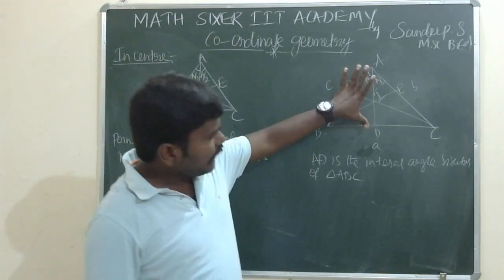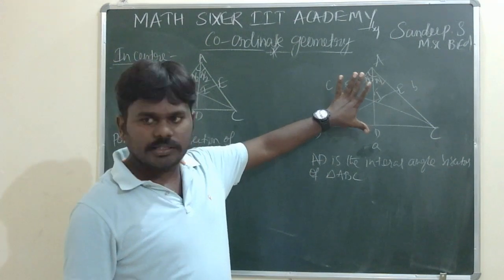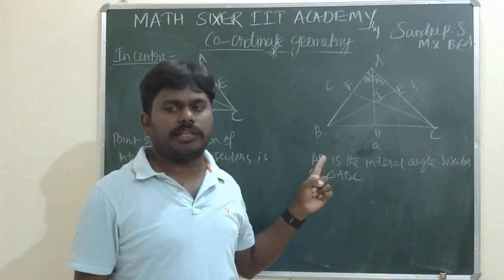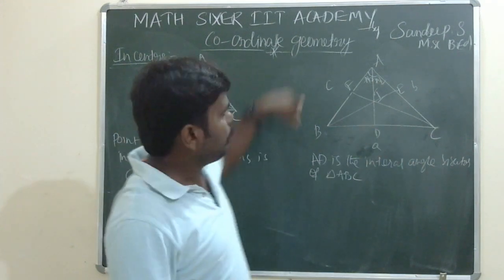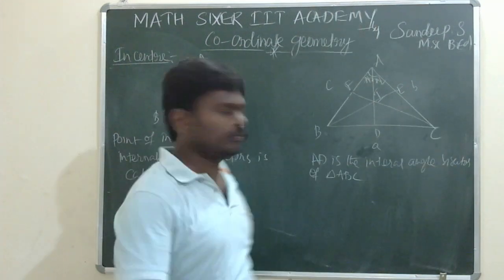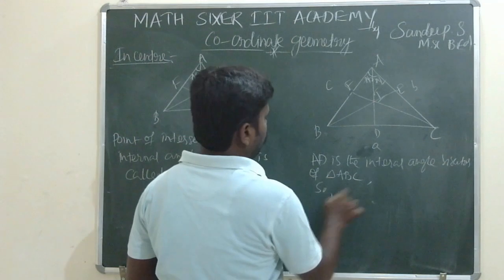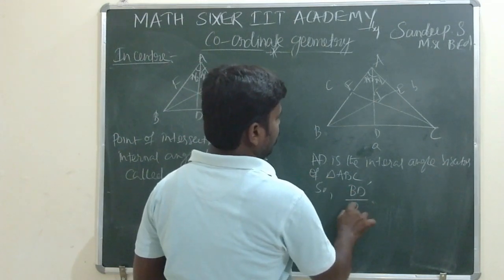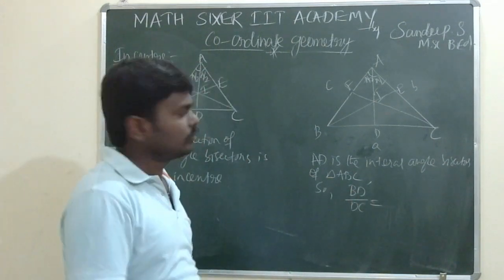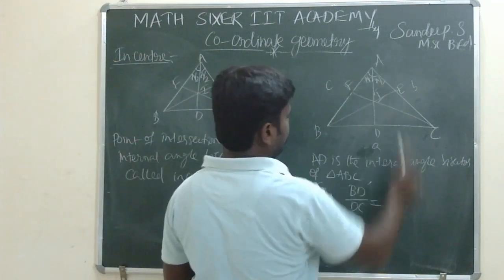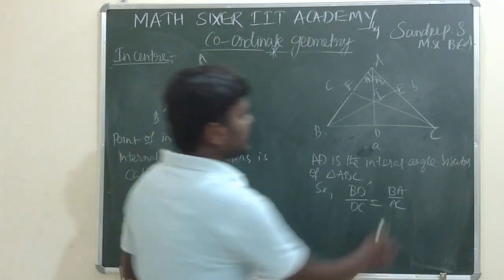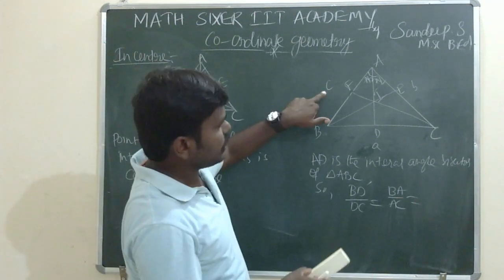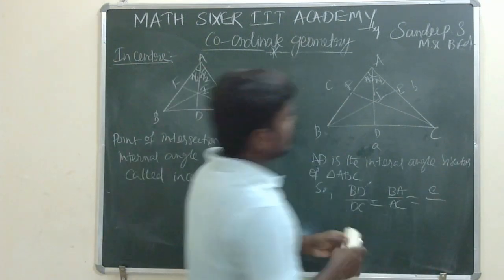So from the internal angle bisector theorem we can say BD by DC is equal to BA by AC. What is BA? BA value is equal to small c, and AC value is equal to b.